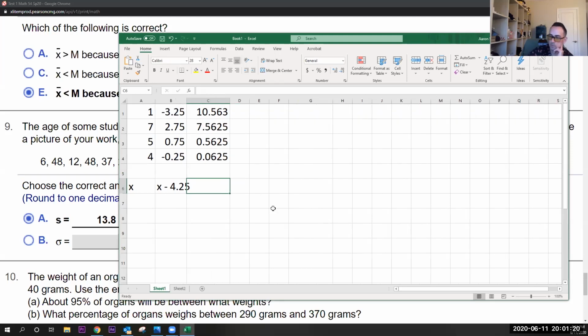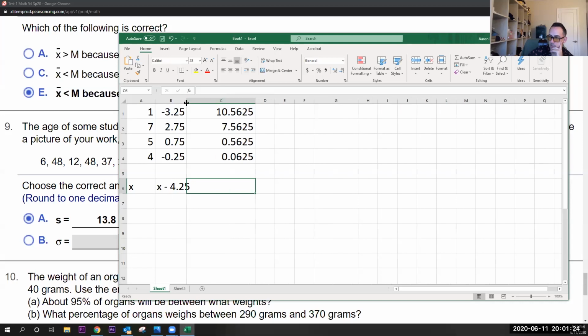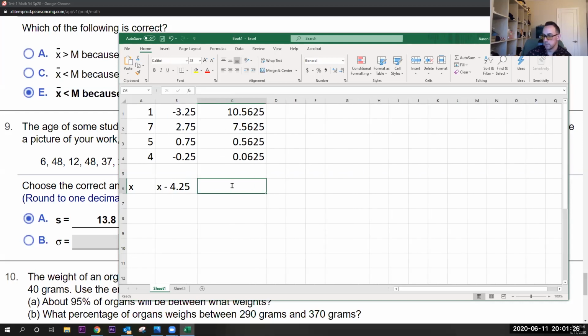So what I'm doing here is x minus 4.25 raised to the 2. And now all I've got to do is add those up.